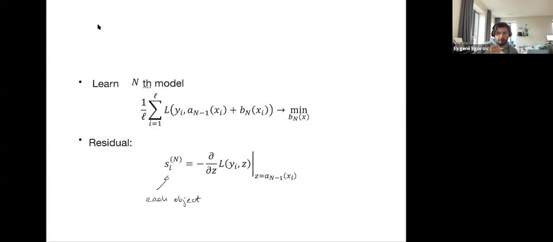So we linearize our problem twice. The first time we linearize it in the space of our functions, of our algorithms. We say we will modify this a bit, we will just add something here. And then we go inside our loss function and linearize it one more time.